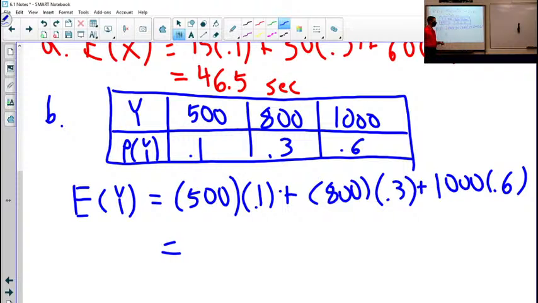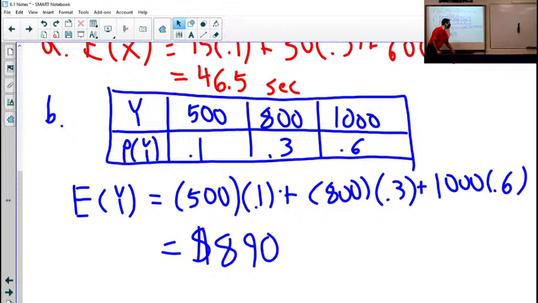You have calculators. Work it out. 800 and what? 890? Again, we don't expect to spend $8.90 on a commercial. That's not a choice.